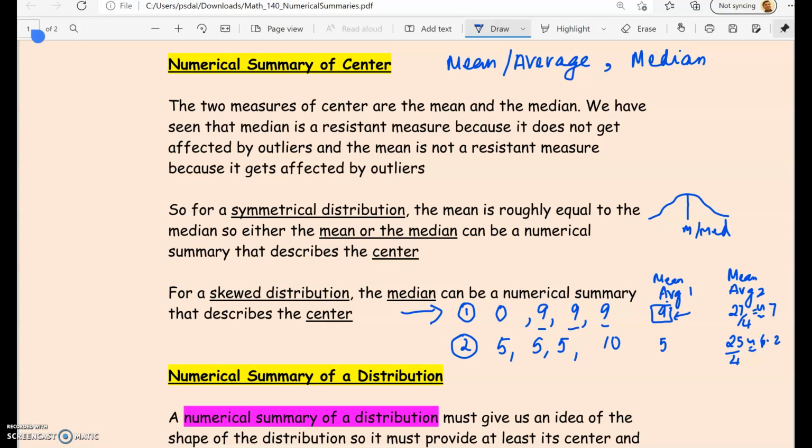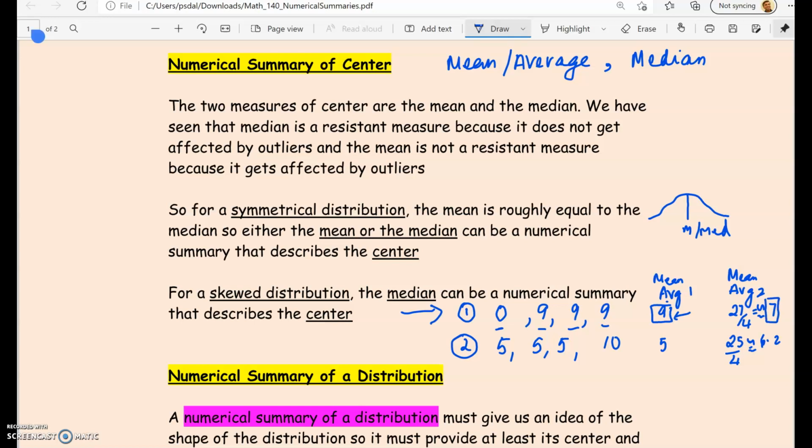Let's just say that on the 4th quiz, you scored a 0. Do you see how that's going to affect your average? Now you add 0 plus 9 plus 9 plus 9, which is 27, but now you divide by 4, and your average is 7.